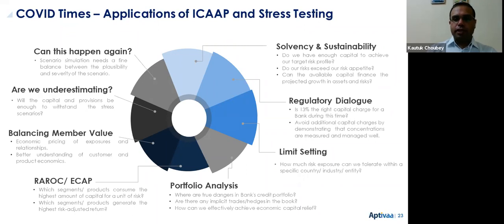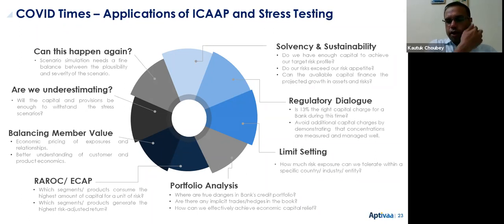Then third is limit setting. Banks need to determine how much risk they can tolerate for a specific country, industry, sector, or entity. This also translates towards portfolio analysis. Through portfolio analysis, the bank needs to determine what the true dangers are, in what portfolios there is an increased threat, and in what portfolios there lie any implicit trades or hedges that it needs to take another look at.